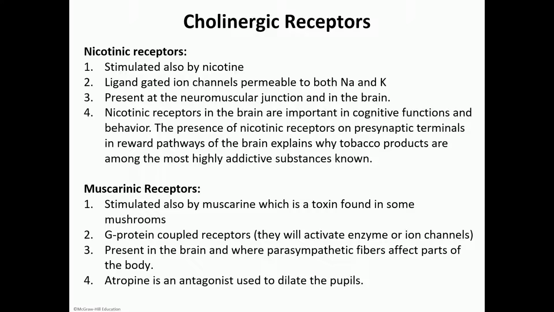We can block muscarinic receptors by an antagonist known as atropine, and we do that when we want to take a look at the retina of the eye. When you take a look at the retina, you will be exposing the eye to a lot of light, and the normal reflex upon all of that light exposure would be to constrict the pupil. So you want to give something to paralyze the pupillary constrictor muscles. So you give atropine. It is a muscarinic receptor antagonist, and it will dilate the pupil.